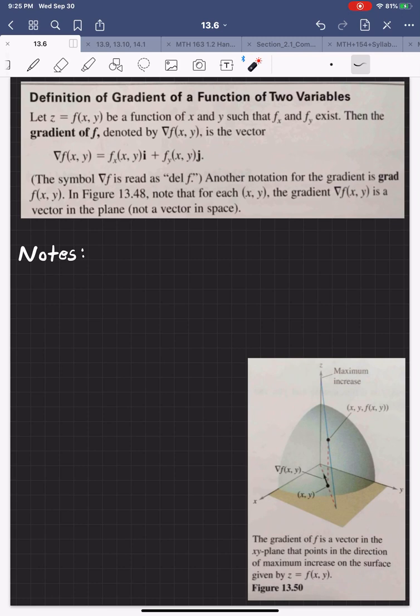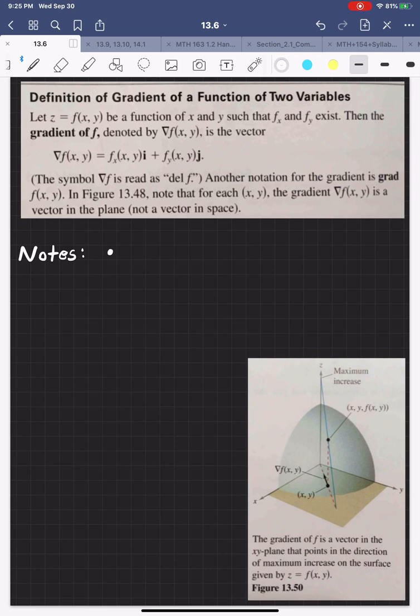I'm going to take some notes and make sure that there are a few things that we understand. So this is the notation, grad of f of x y. This would be the type of notation for a gradient that you would probably see in an engineering textbook. Nevertheless, let's start with the basics.